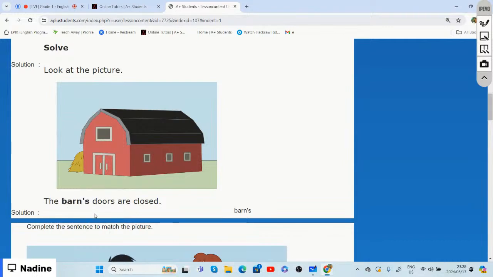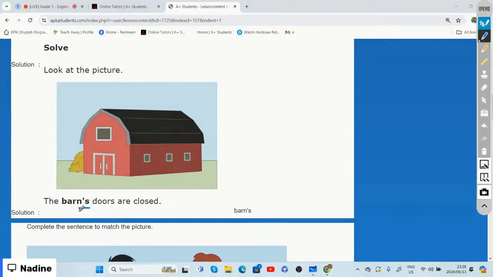Once again, your apostrophe and your S needs to be there, and that will show who owns something, who has something, or who it belongs to. If you don't put the apostrophe and S, then it will mean that there's more than one of that thing. And in this case, we are only making mention of this one specific thing, right?